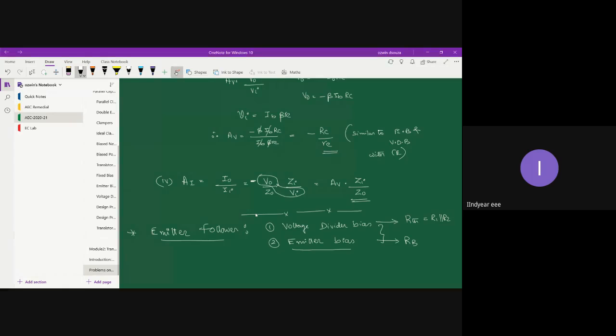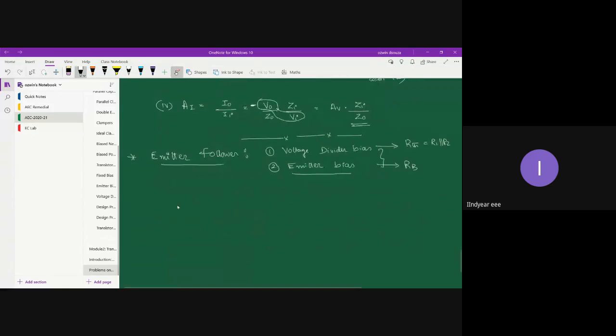So what is this emitter follower? I'm not calling it an amplifier. In the previous circuits, everywhere I used to call it voltage divider bias amplifier, etc. Here I'm not calling it an amplifier because of a particular reason. Your emitter follower is not an amplifier.